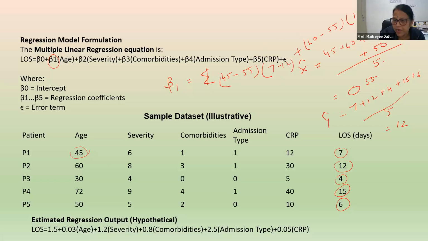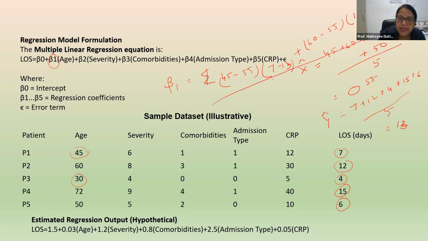It cannot be 12, it may be some other value. Maybe this average is coming, say, 13. Otherwise, it will be 0 here. So maybe we are taking it as 13, right? Next, again plus 30 minus 55 into 4 minus 30. Like this, you have to add for all the values.